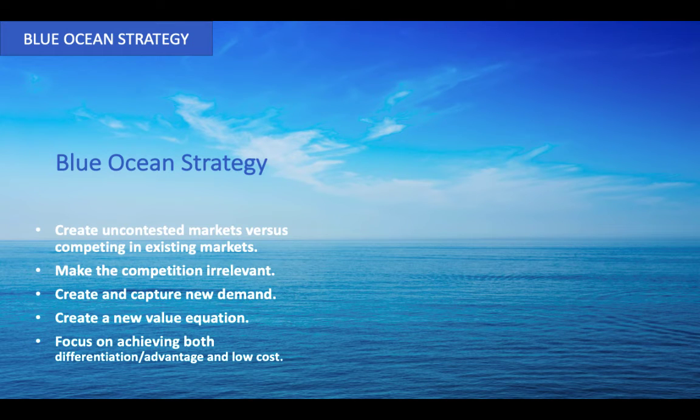The third of these 3 innovation best practices for processes is Blue Ocean Strategy. It has been around for at least a decade, probably 2 decades, and has a lot of enthusiastic support by people in the innovation community and within academia.